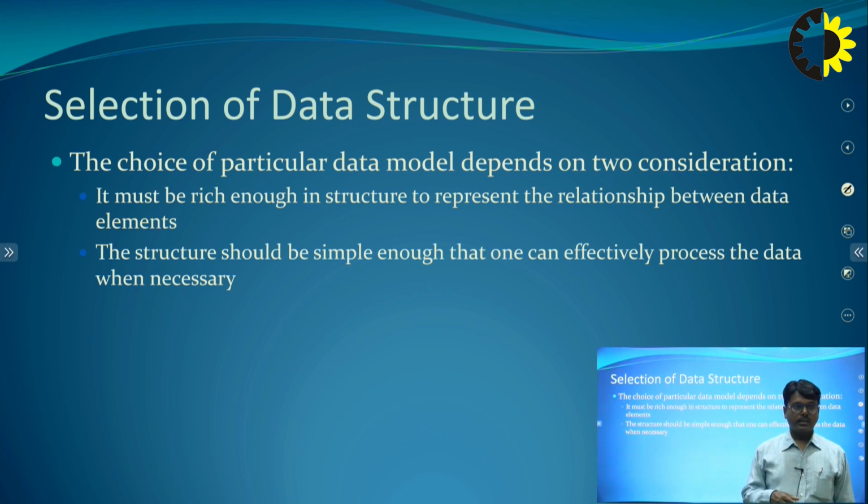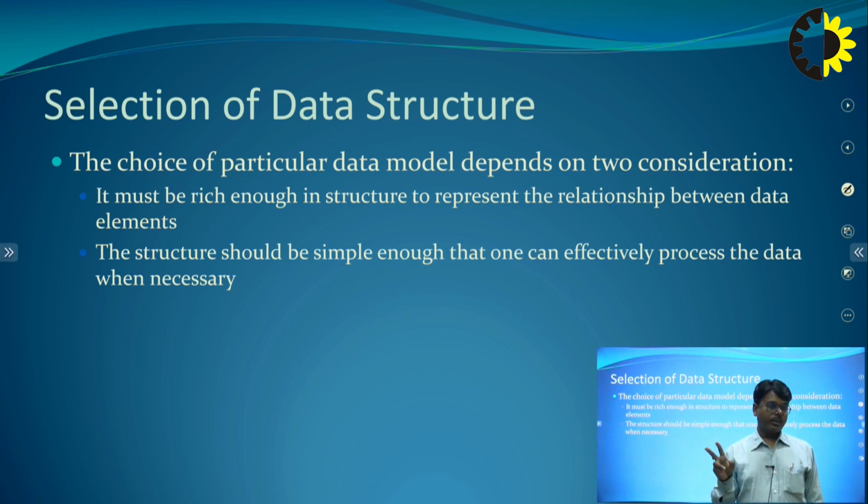Next, on what criteria, on what basis do we select the data structure? The structure should be simple enough that one can effectively process the data when necessary. This is also a very important part. So these two are the very important considerations while selecting what kind of data structure we are going to utilize.